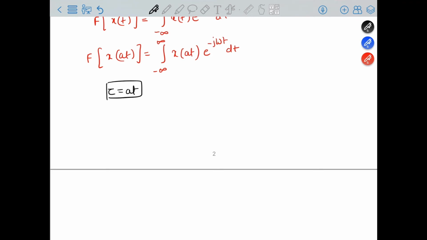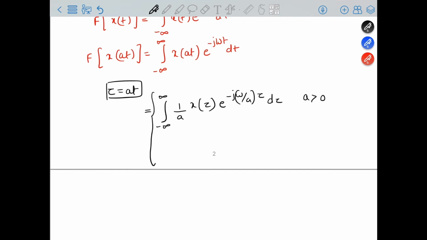This change will be given by the integration from minus infinity to infinity of 1 by a x(tau) e raised to the power minus j omega by a tau d tau, and this holds when a is greater than 0.